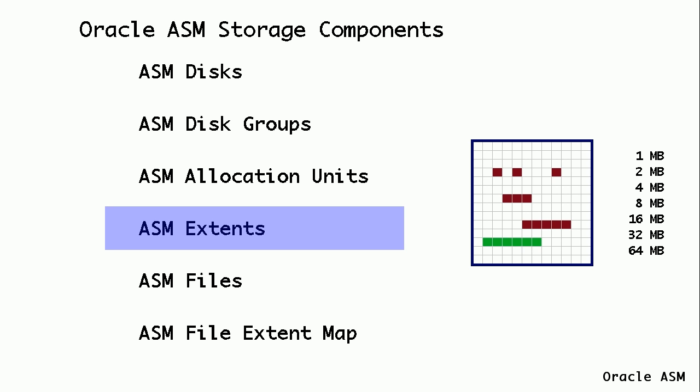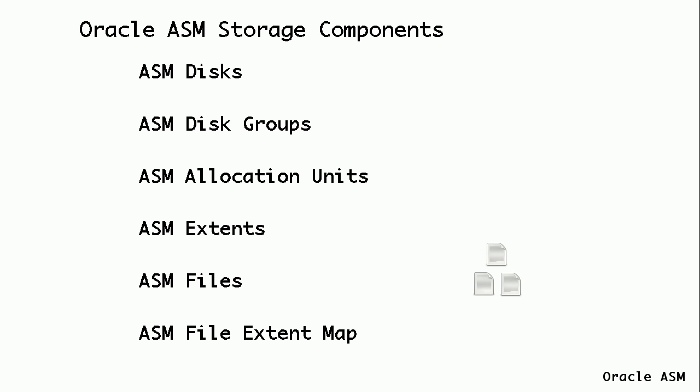Oracle ASM extent, also called data extent, is the raw storage used to hold the contents of an ASM file. Each ASM extent is a collection of one or more allocation units from a specific disk.